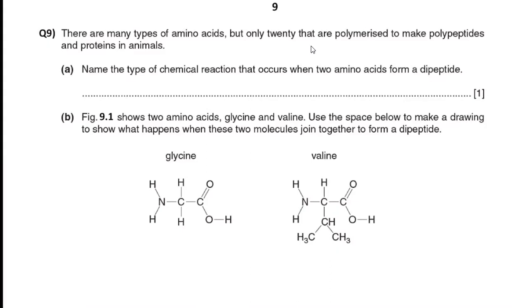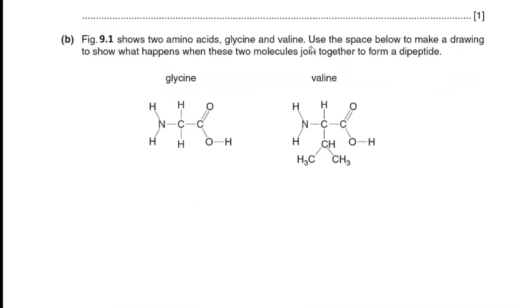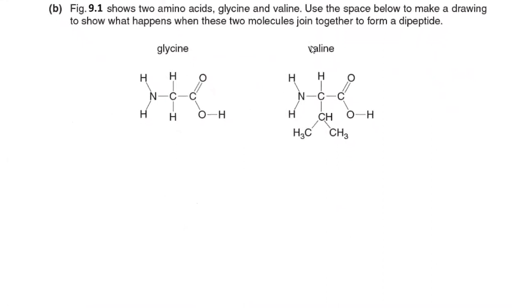Then let's move on to the next question. Figure 9.1 shows two amino acids, glycine and valine. Use the space below to make a drawing to show what happens when these two molecules join together to form a dipeptide, right? So when I want to show the formation of a dipeptide, now you tell me, I'm asking you a question.